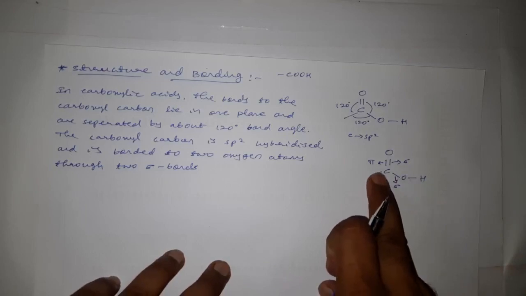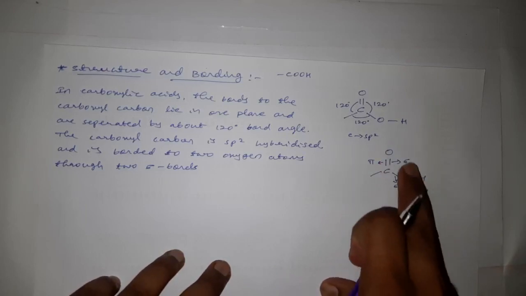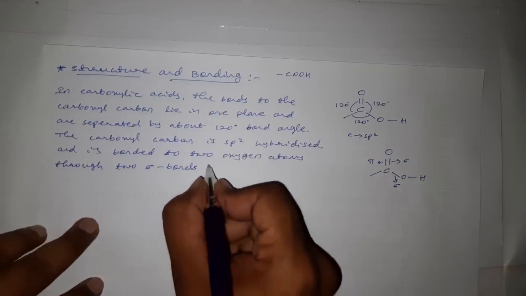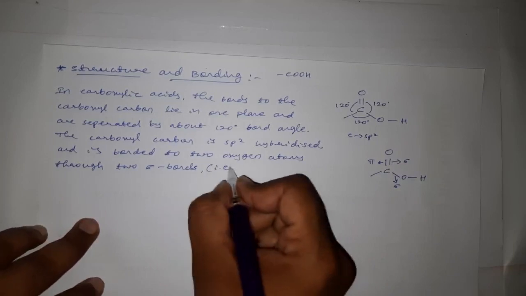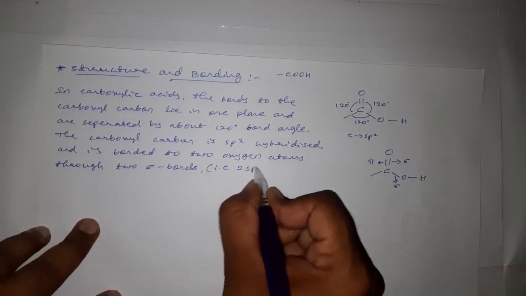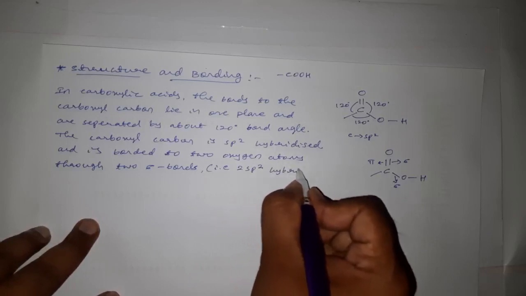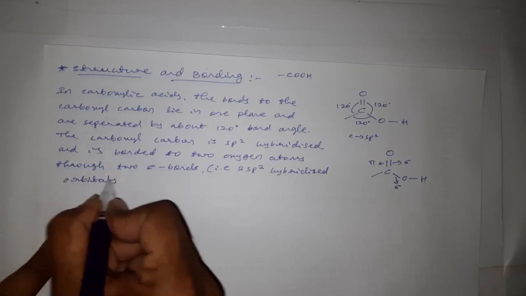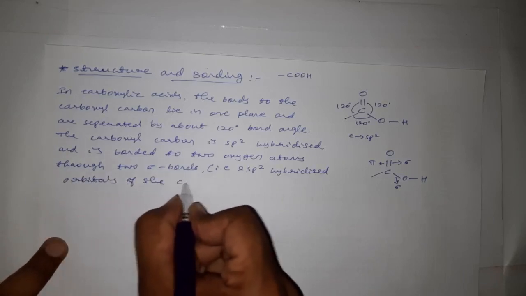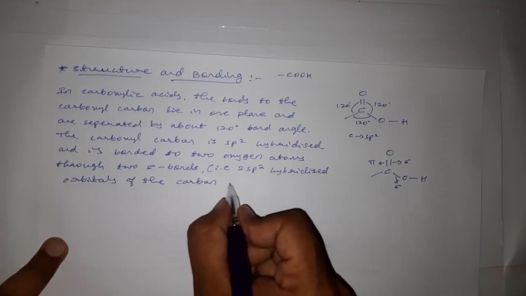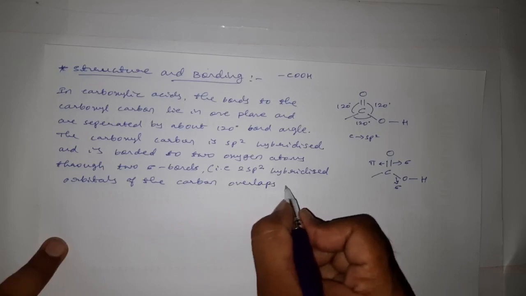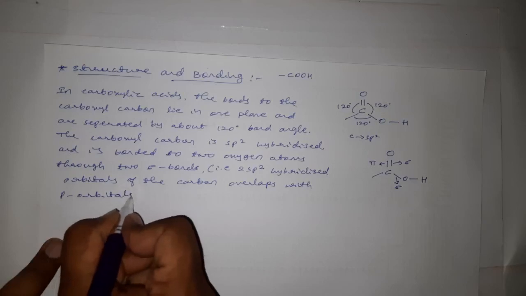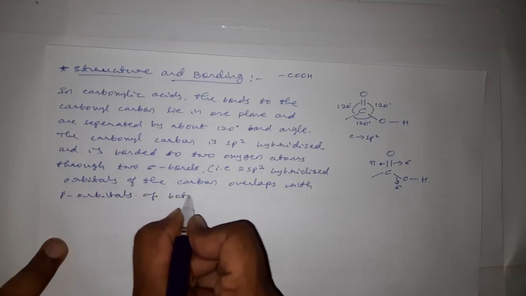So this carbon is connecting to two oxygen atoms with two sigma bonds, and these two sigma bonds are formed by the two sp2 hybridized orbitals of the carbon overlapping with p orbitals of both oxygens.